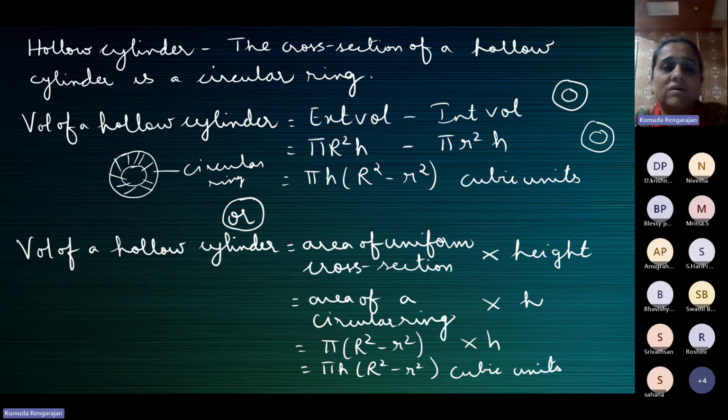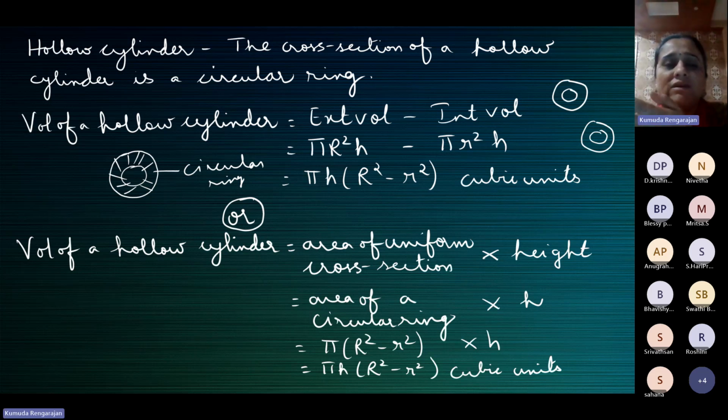We have understood that when we have paper cutouts of squares, many identical paper cutouts of squares of say side 6 centimeters, and you stack them up to a height of 6 centimeters, the solid obtained is a cube of edge 6 centimeters.